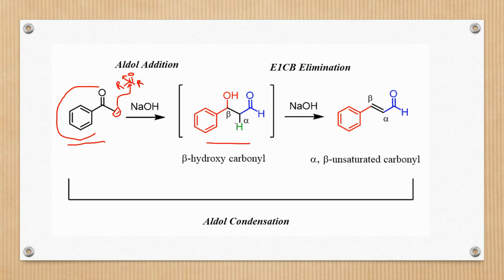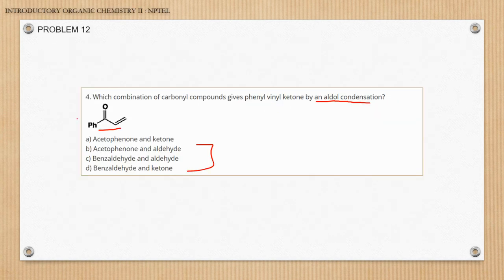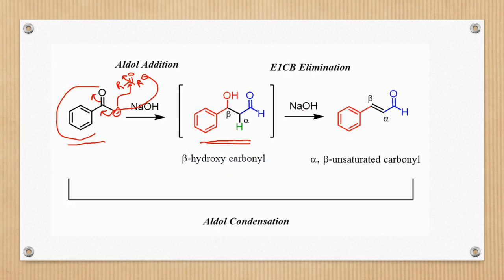So in our case, what will happen? This beta hydroxycarbonyl, it doesn't matter whether it is attacking from this side or this. In this case, they are attacking this carbonyl group and it becomes an alcohol. So here you are getting this beta hydroxycarbonyl. Instead of this, we have a phenyl group attached to the carbonyl.